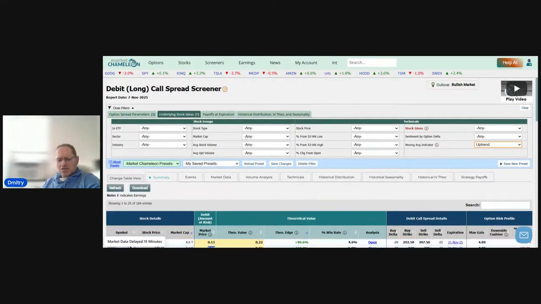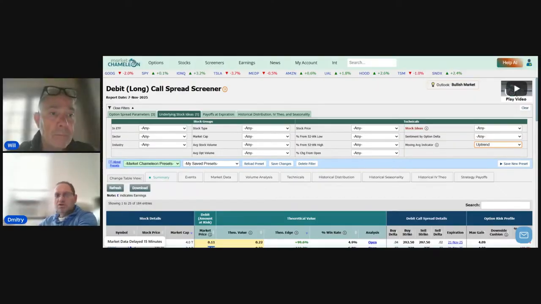So that's the idea behind combining call spread opportunities based on the call spread criteria and technical indicators on the stock, right? Because the technicals are just looking at the stock behavior alone, or separately from the options.